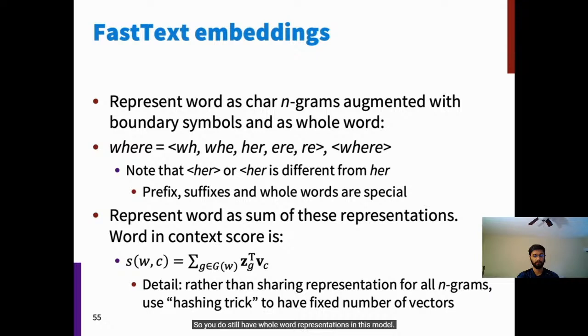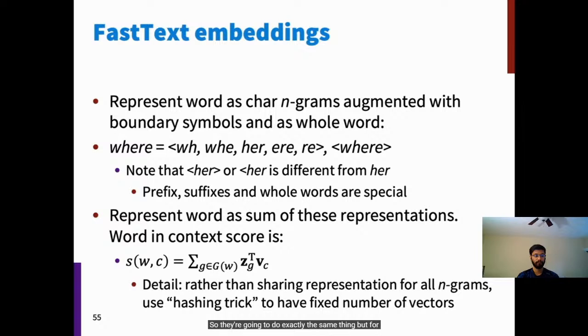So you do still have whole word representations in this model. So "where" is represented by 6 things, and you're going to use all 6 of those things in your computation. If you remember the guts of Word2Vec, you were doing these vector dot products between your context representation and your center word representation.